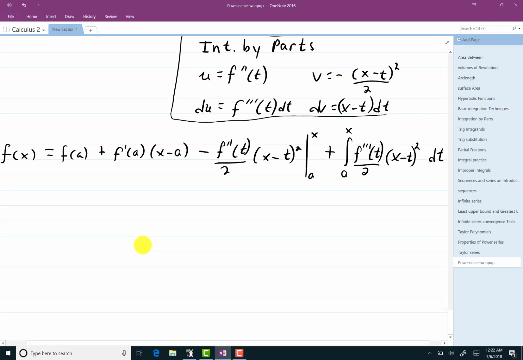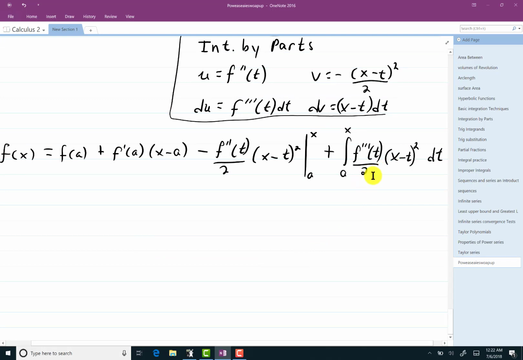I'm not really sure where I want to put this 2, but it's not that big of a deal. Let me go ahead and throw in my x and my a's into this thing. So this equals f of a. I'll try to make my font a little bit smaller so I can get it all on one screen. When I plug x into this, I'll put an x wherever t is.